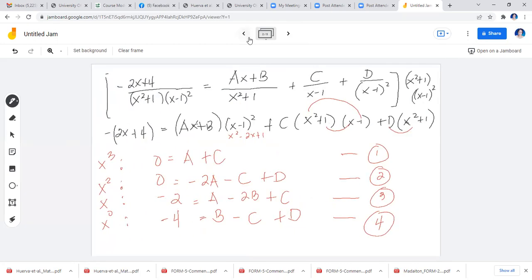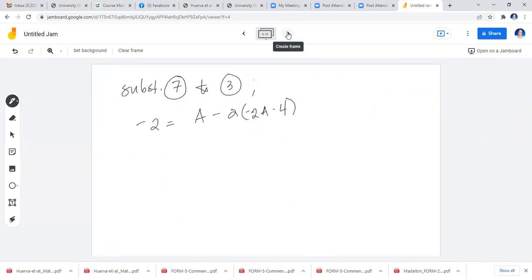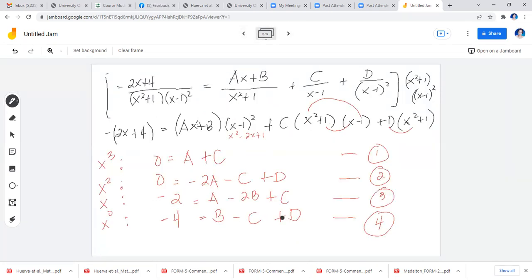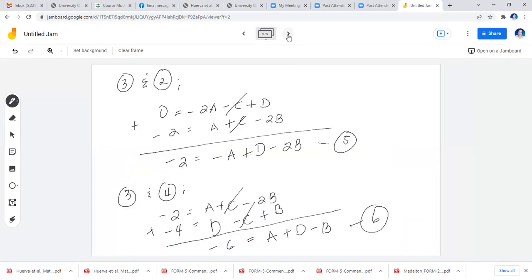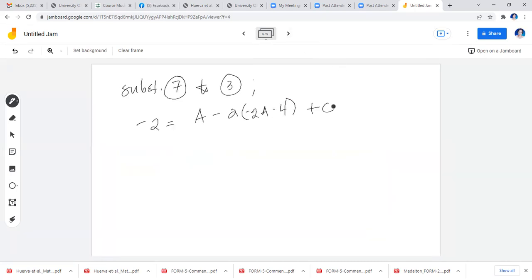And then we have the c, plus c. So I'm copying equation 3 here, and I have substituted the b expression to it, the b expression that we got. That way I will have an a in terms of c.